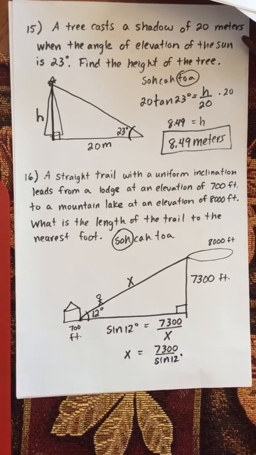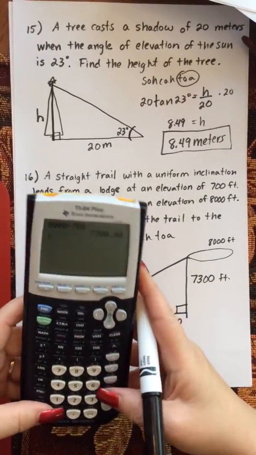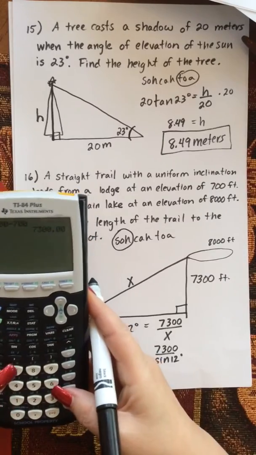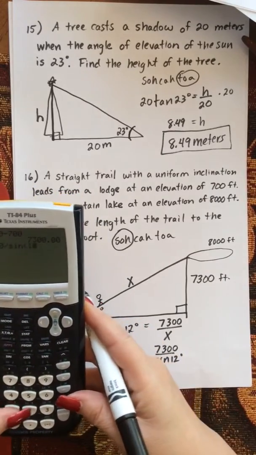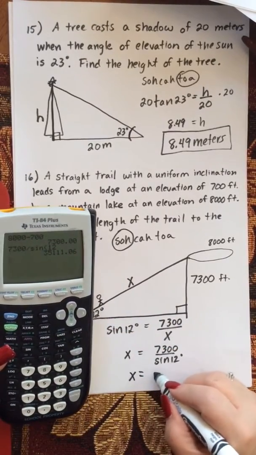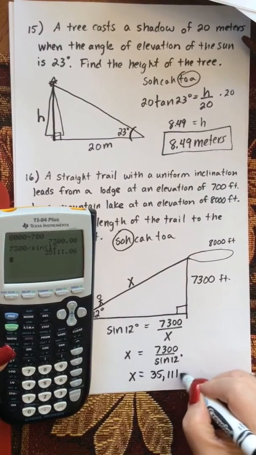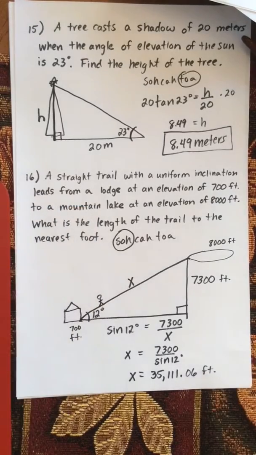Let me make that bigger, you can't see that. Yeah, now you can. And we just do that on our calculator. So I just go 7,300 divided by the sine of 12 degrees. And I get that that mountain path is 35,111.06 feet.